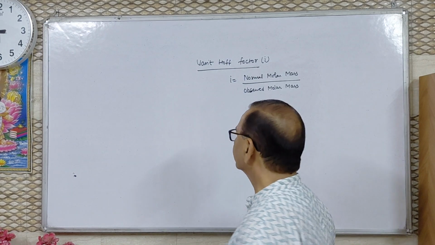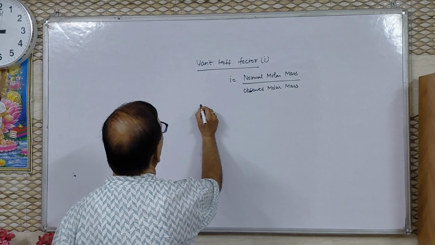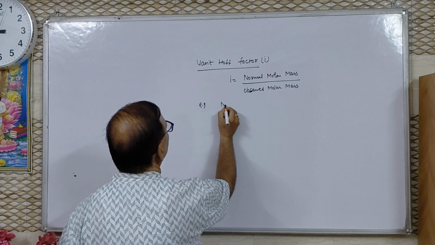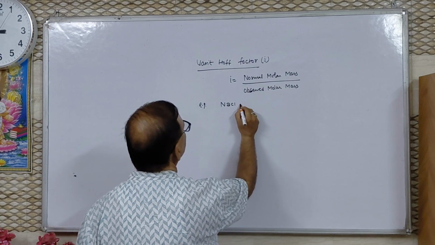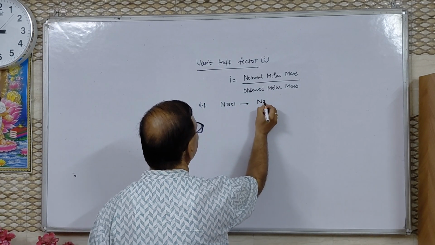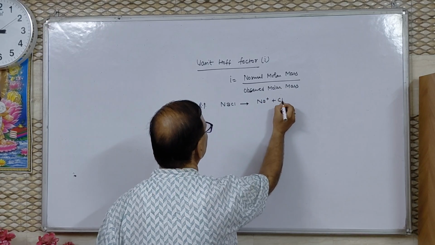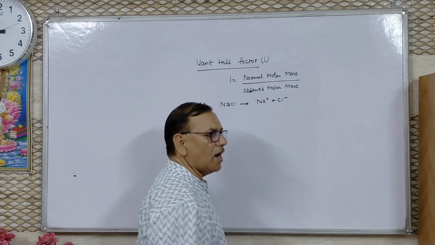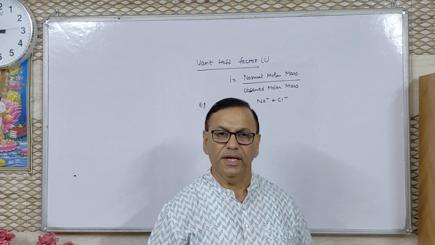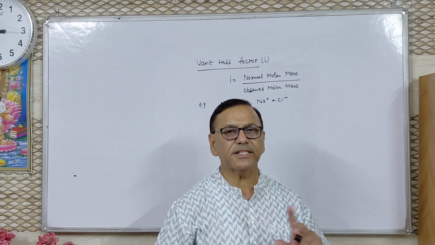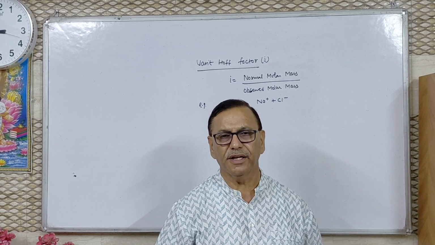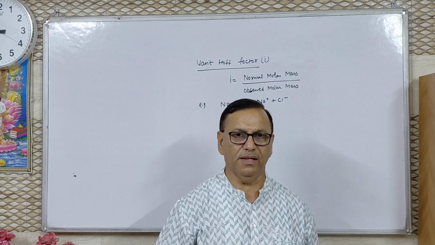For example, sodium chloride. Sodium chloride in solution dissociates into two ions. It means its number of particles will become double.